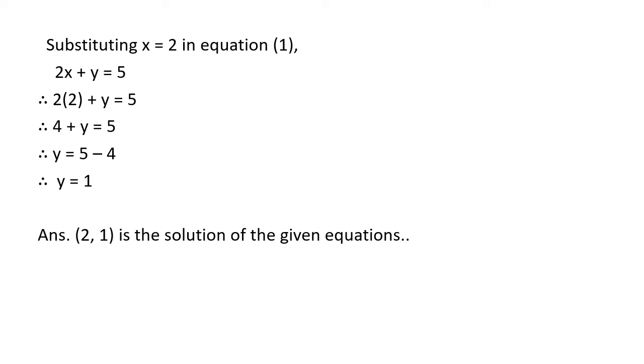Now let's see one more example here. So question number 3. 3x minus 5y is equal to 16 and x minus 3y is equal to 8. Go for the very first step, that is observation.